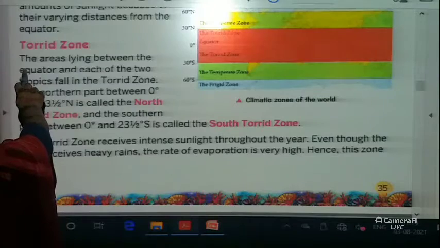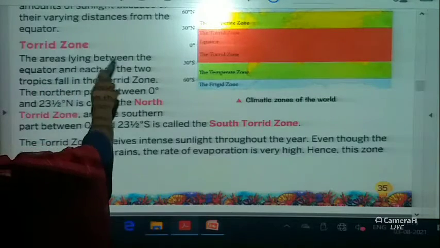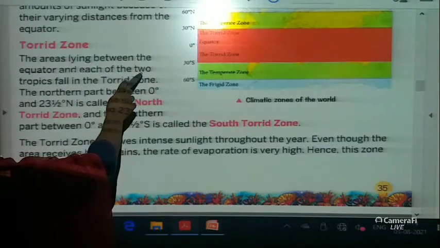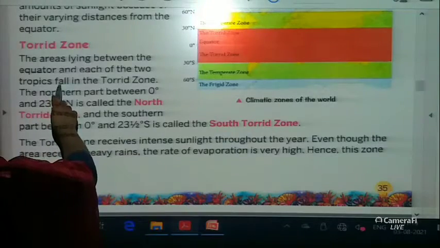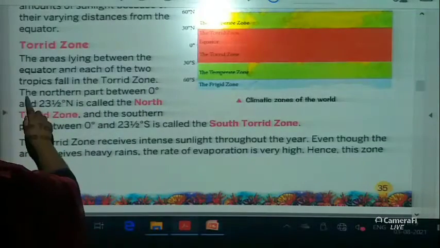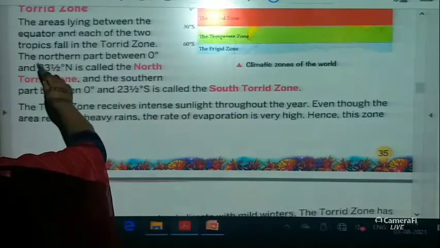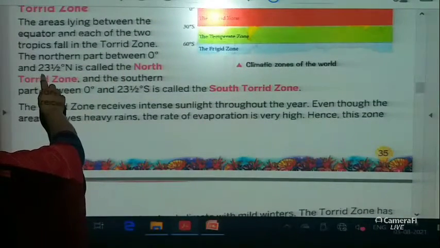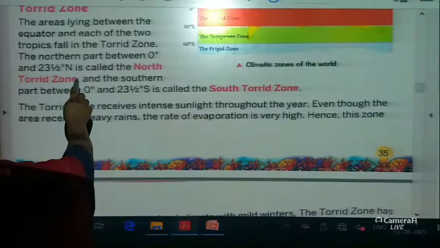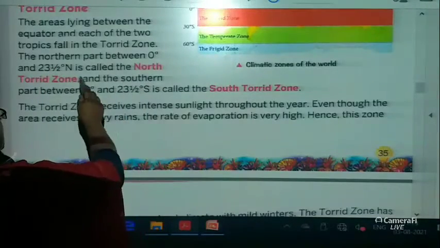Torrid zone. The areas lying between the equator and each of the two tropics fall in the torrid zone. The northern part between 0 degree and 23.5 degree north is called the north torrid zone.